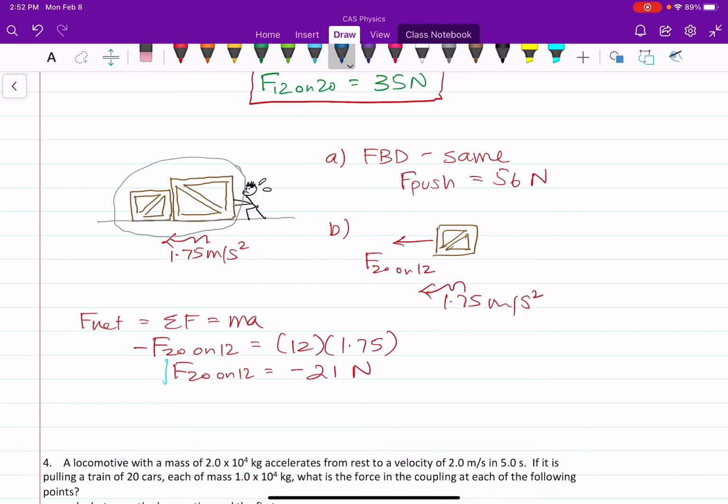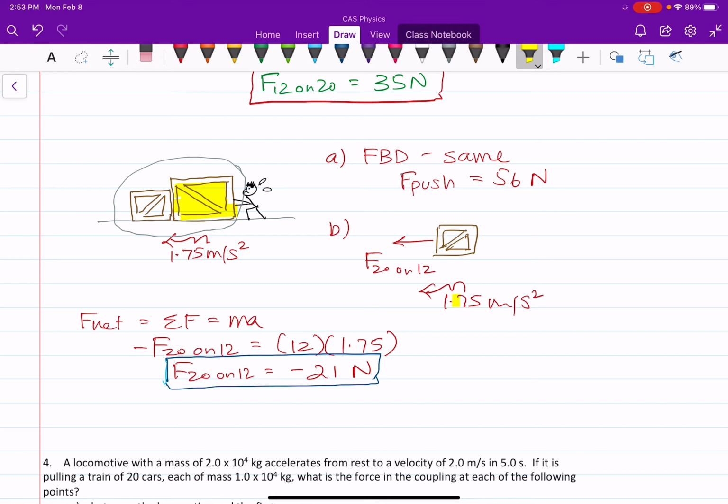I hope it does. The idea being that when you push on an object, the object has inertia. So this 20 kilogram block has inertia, and when you push on it, it absorbs some of that force to accelerate. If you pushed on just a 20 kilogram block with a force of 56 newtons, you would get an acceleration greater than 1.75.